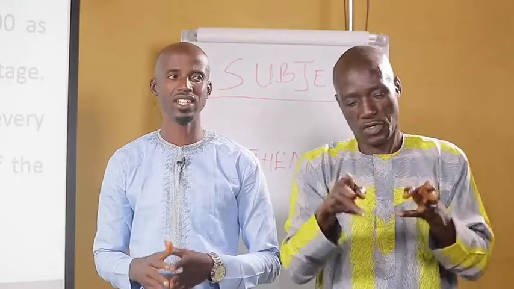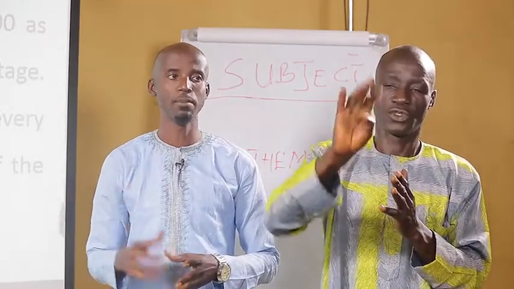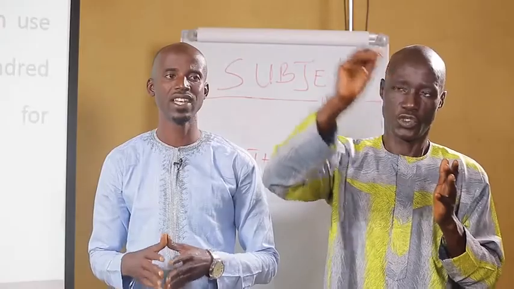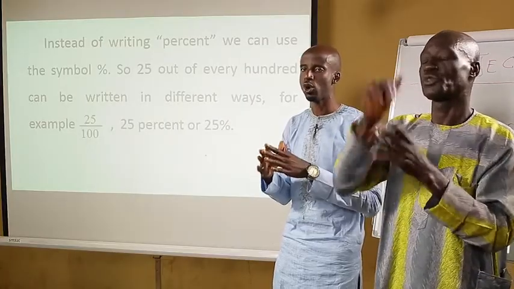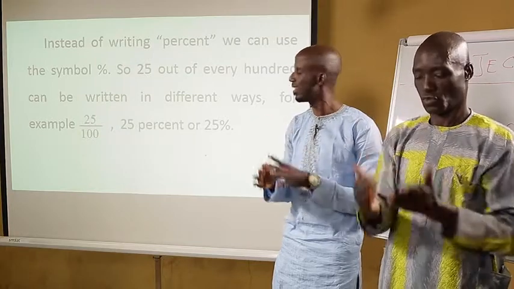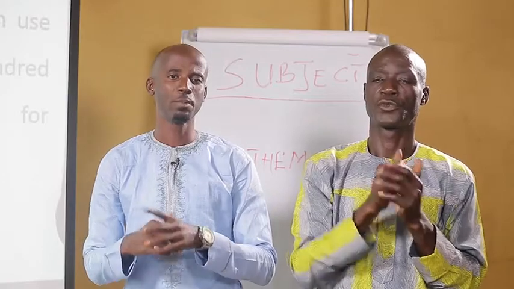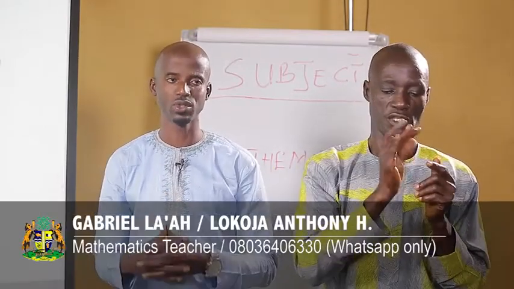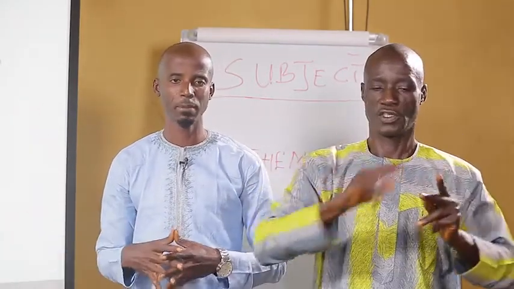Then, lastly, we can express it mathematically using a symbol. So in mathematics, it is better we use the symbol to present percentage. Now, we are going to take a few examples and see how we can apply percentage.